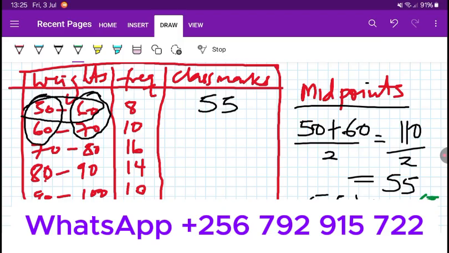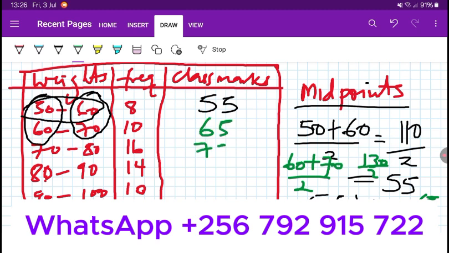Or you add your 60 plus 70 divided by 2. 60 plus 70, that will give you 130 divided by 2, that is 65. So either way, you will be right. This is 65 plus 10, 75 plus 10, 85 plus 10, 95 plus 10, it will be 105.